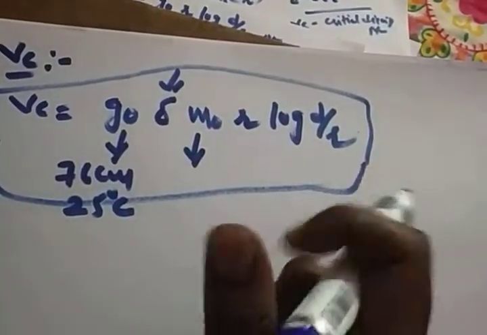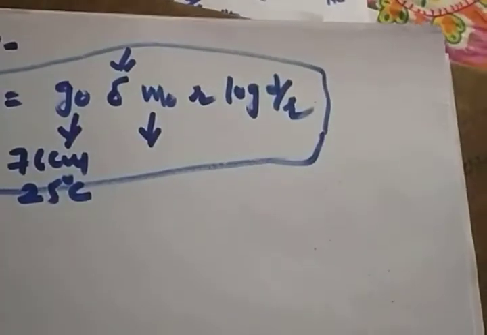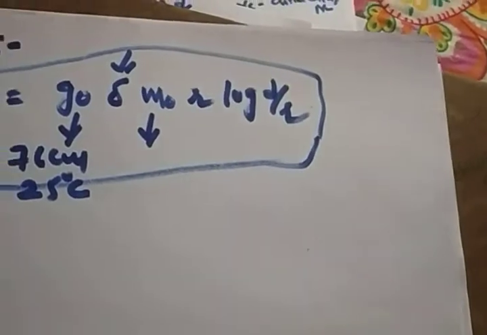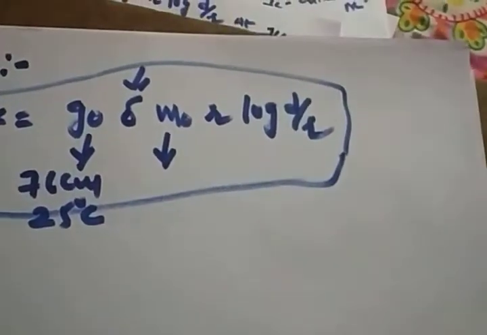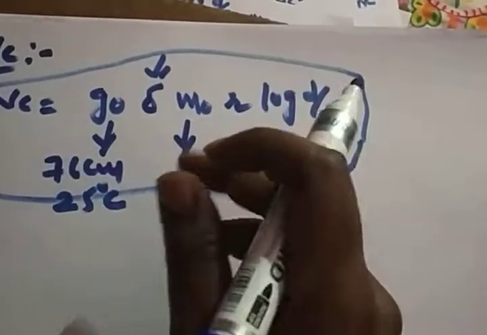So you have to consider the gradient value where the breakdown of air occurs, and you need to consider the air density factor. Definitely they will give the air density factor also. Why are we considering the air density factor? Because there will be a change in temperature and a change in atmospheric condition. In that situation you have to insert the air density factor also, and after that the irregularity factor.